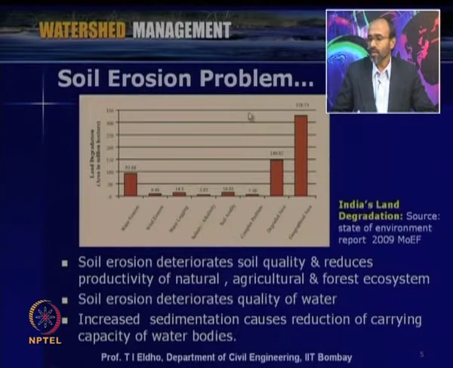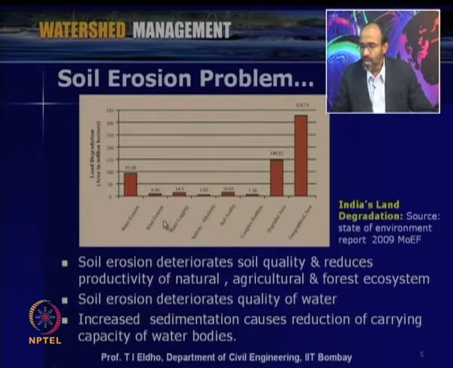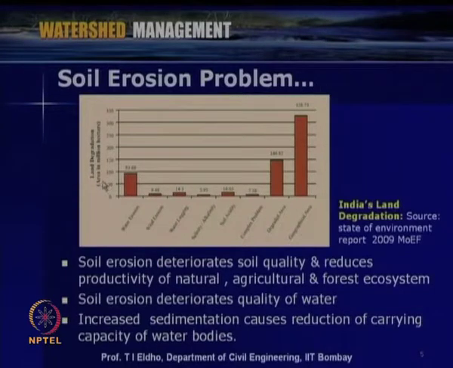As far as soil erosion is concerned, as per the State of Environment report on India's land degradation by the Ministry of Environment and Forest, the land degradation area in million hectares is shown here in this graph.